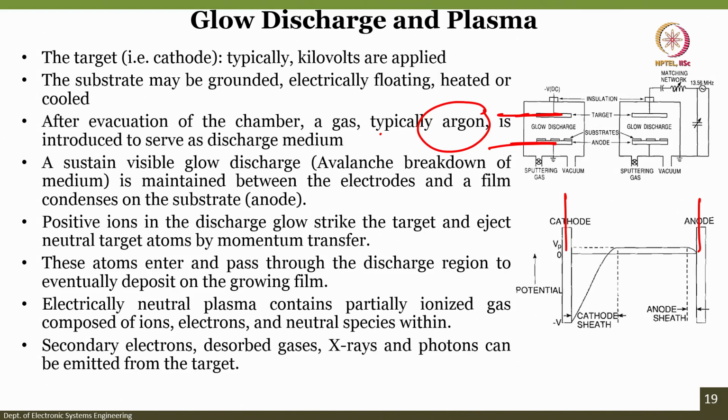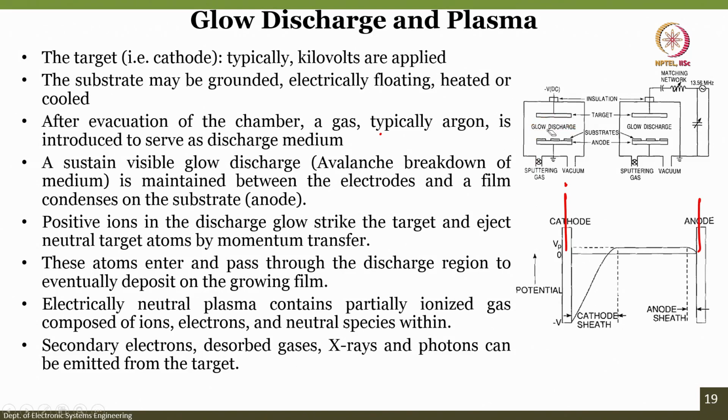Now, what will happen is, because of the voltage that we apply between cathode and anode, the positive ions in the discharge glow strike the target. When you introduce the sputtering gas, the positive ions will start striking the target from the glow discharge. So when it happens, what will occur?